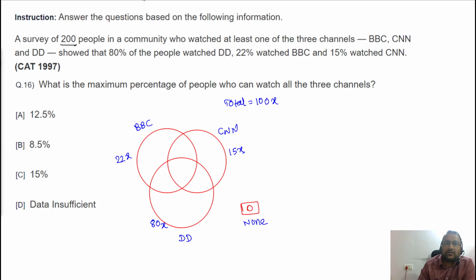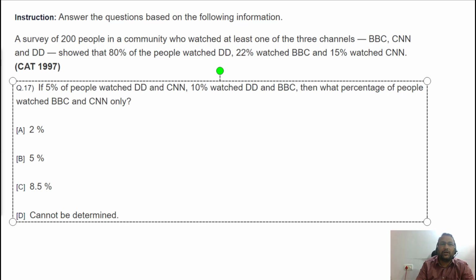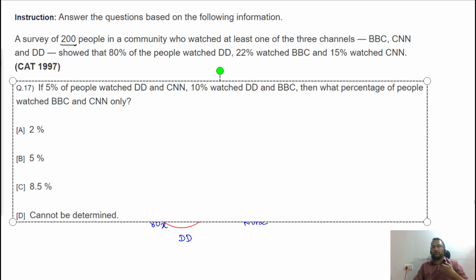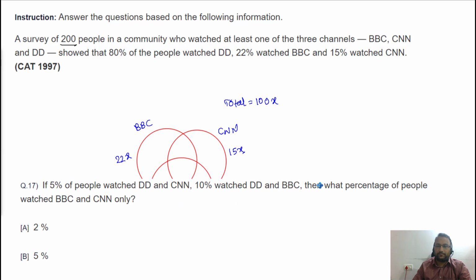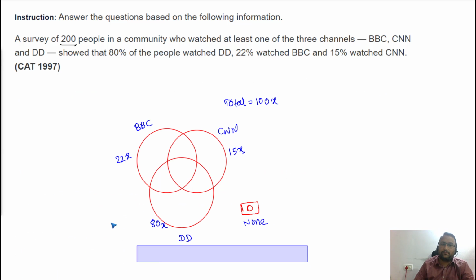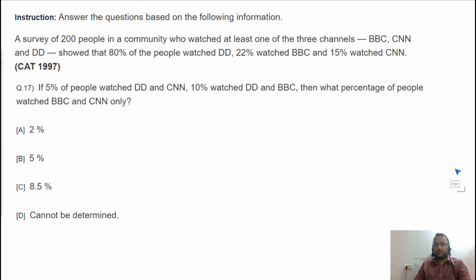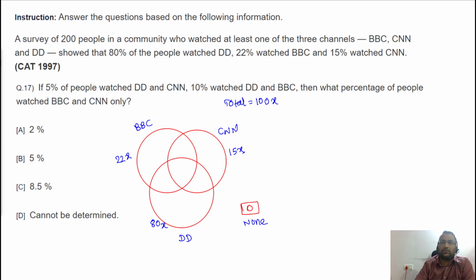Question number 17, look here. For question number 17, some additional data is given here. So let me copy this question. Yes, question number 17. 5% people watch DD and CNN. 10% watch DD and BBC.